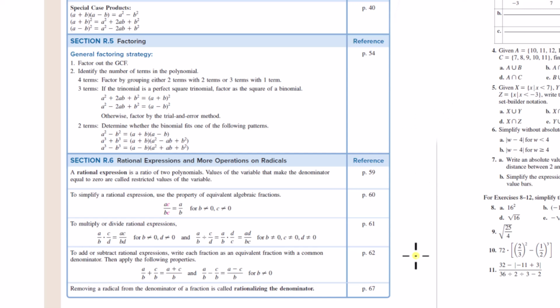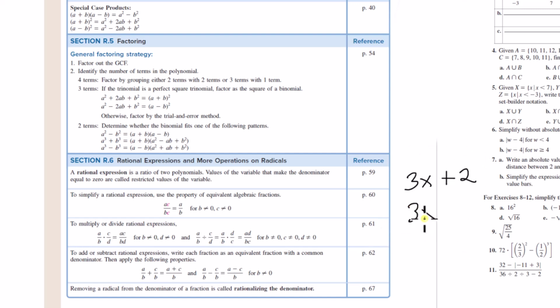Now, that's an informal definition. The more technically correct math definition of a rational expression is that it's a ratio of polynomials. But I like the informal definition for non-math majors, because with the formal definition, even a linear expression like 3x plus 1 is also a rational expression.